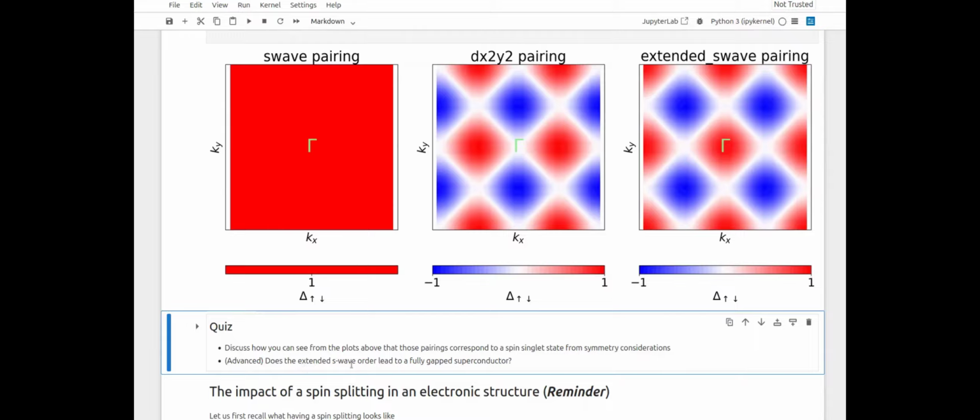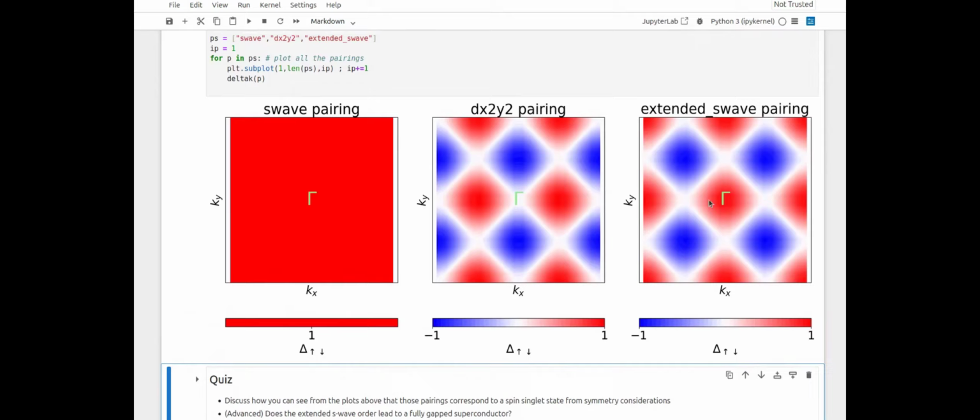And then we have another question. Does the extended S-wave order lead to a fully gapped superconductor? This is a question that depends very strongly on the Fermi surface. If you happen to have a Fermi surface that is right here around the gamma point, then of course you pick up all the time a gap that is non-zero and positive.